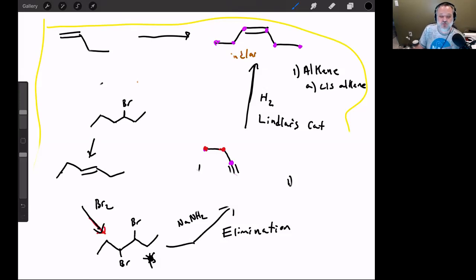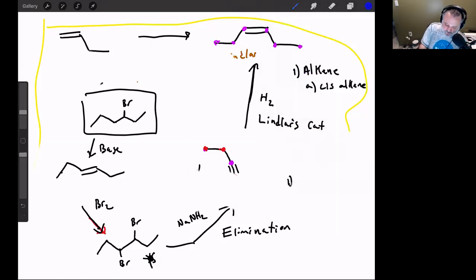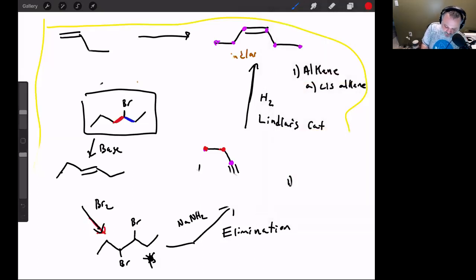The problem is, once you get to this point, as you start to think about retrosynthesis, if you did elimination with a base, there's no way to control it. Does it add to that side, or does it add to this side? The red one is what you want, and the blue one is what you don't want.